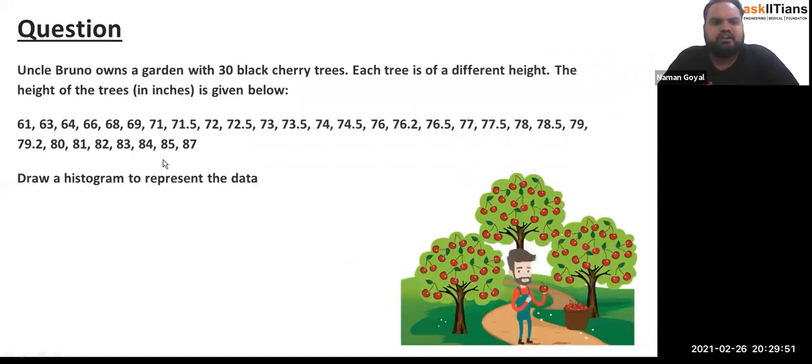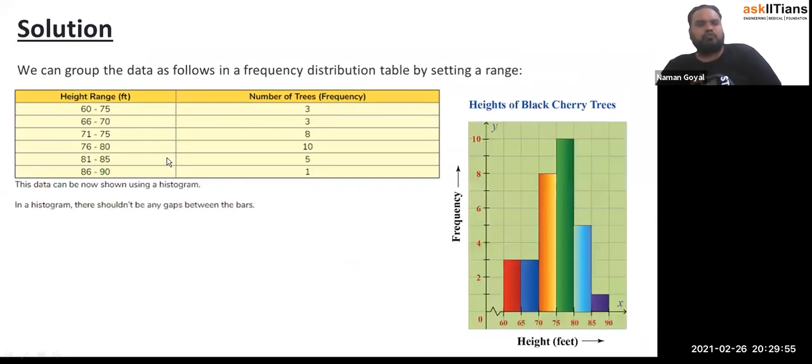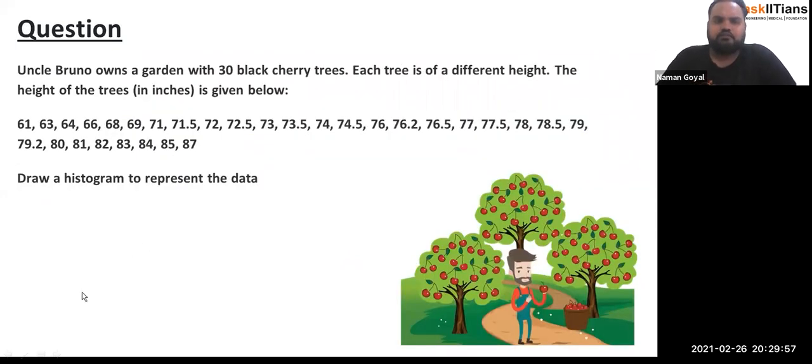Now there is a data given, and we have to draw the bar graph. So first of all, not bar graph, we want to draw what? We want to draw a histogram. So first of all, for a histogram, what do we want?